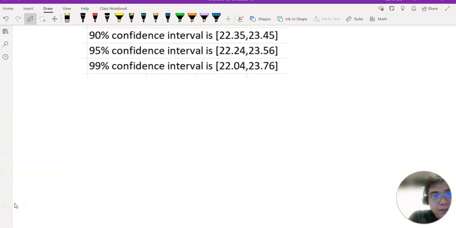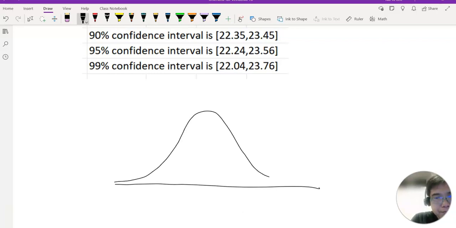Based on the normal curve here, we can determine the 90% interval. The sample mean here is 22.9, and then we expand until 23.45 and 22.35.